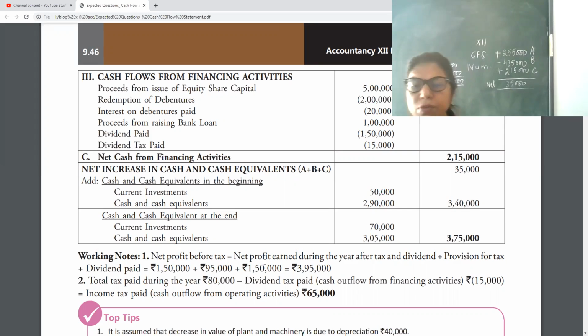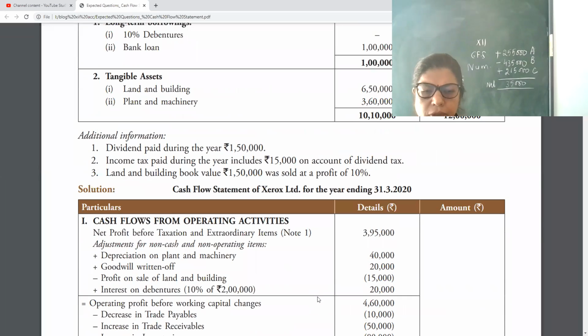Transfer to reserve, if given, we should also add here. So 1,50,000 plus 95 plus 1,50,000, 3,95,000. When we started the answer, at that time we put that 395 and I told you to see the working note. How is this 3,95,000 coming?